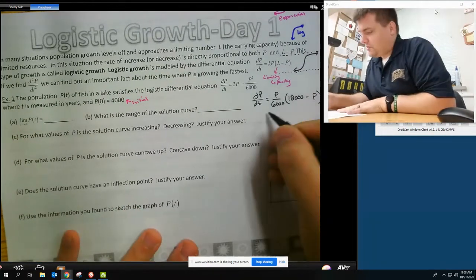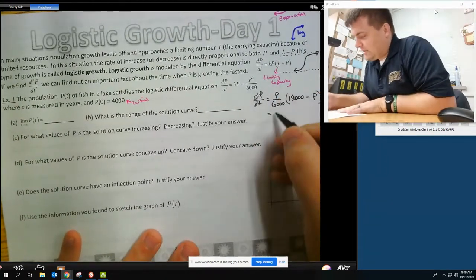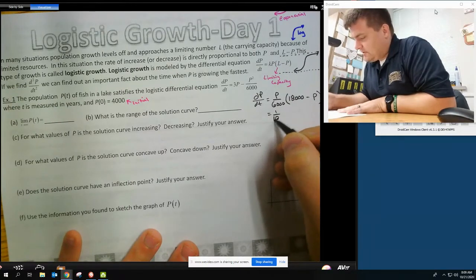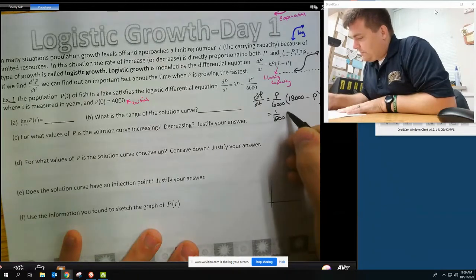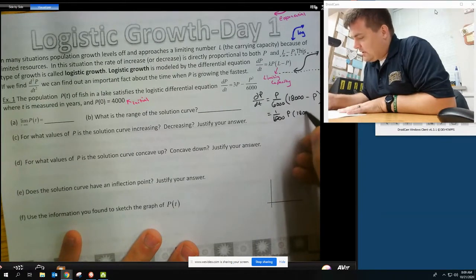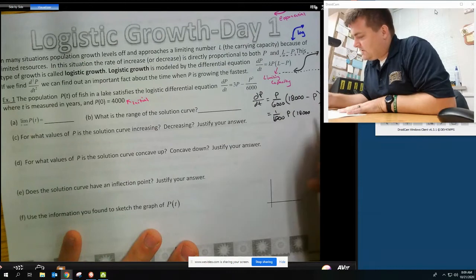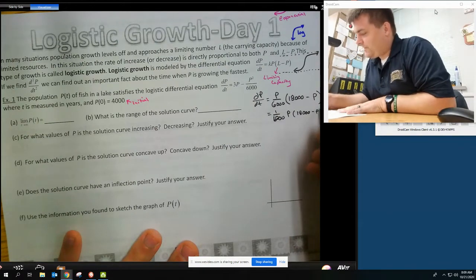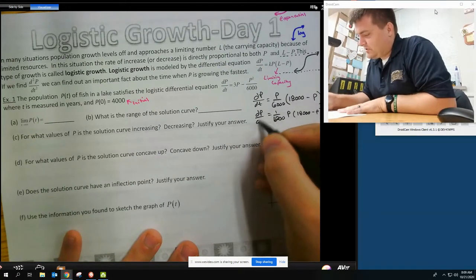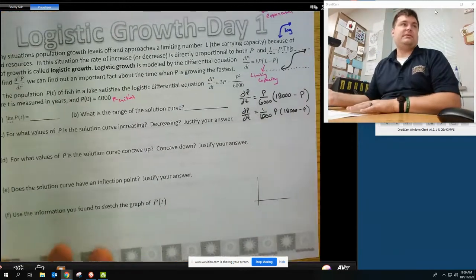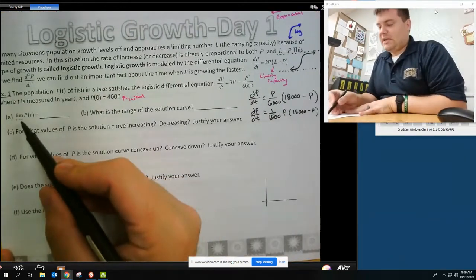So there we go. I'm going to rewrite this so I can easily tell what the K value is. It's 1 over 6,000 times P times 18,000 minus P. So this is clearly my logistic equation. This is asking for my end behavior to the right.